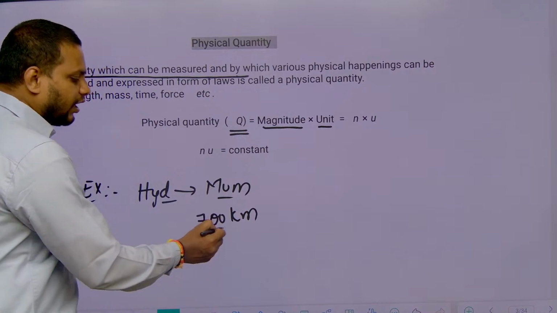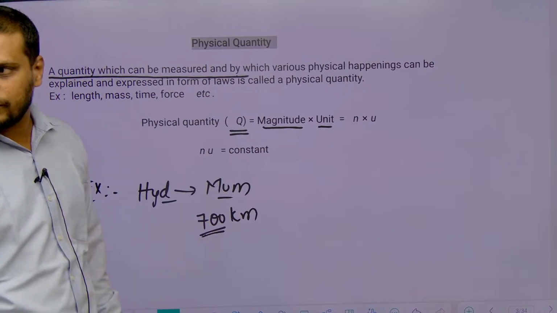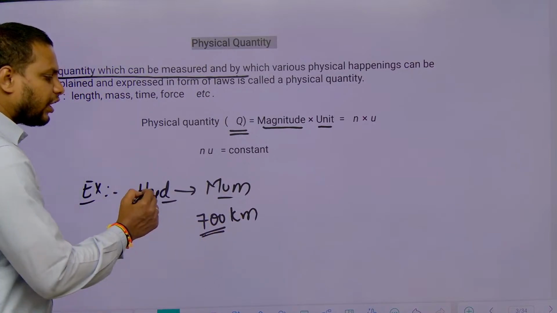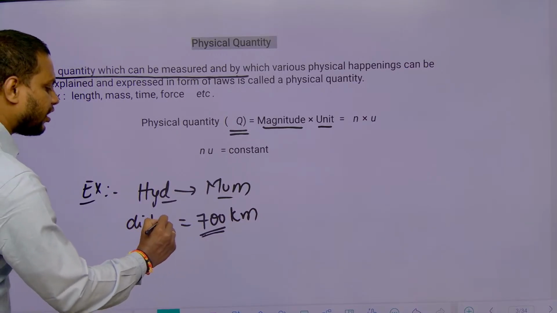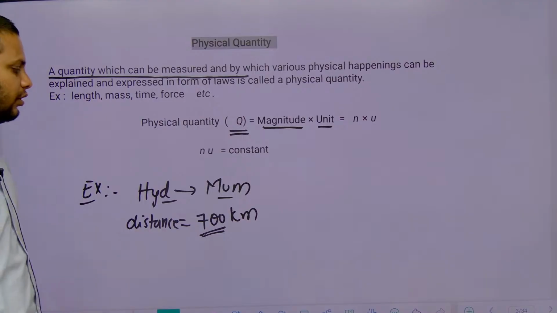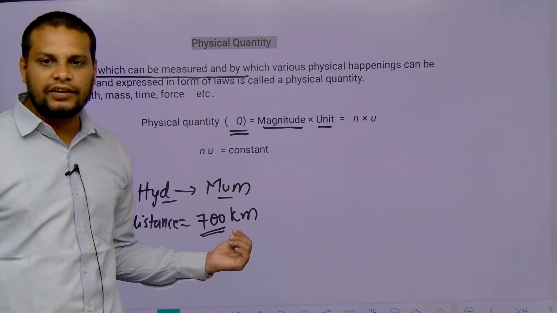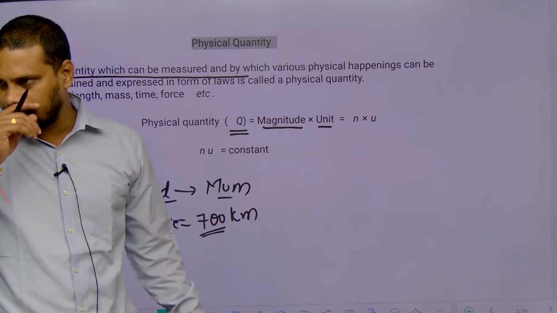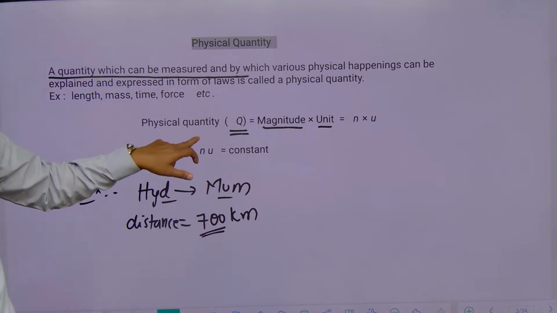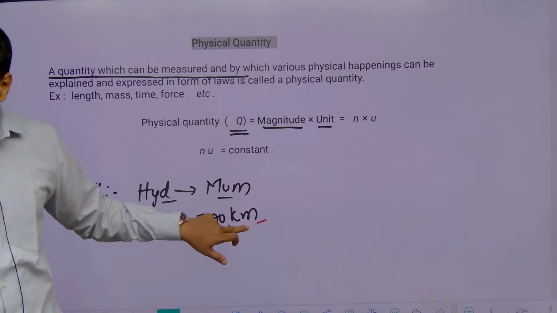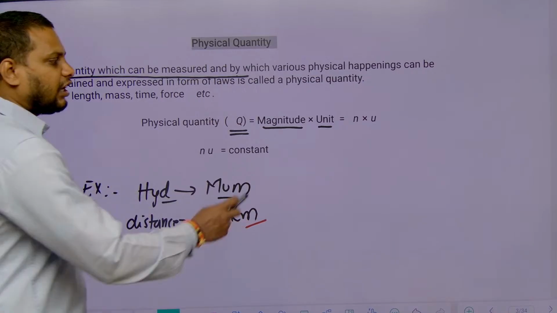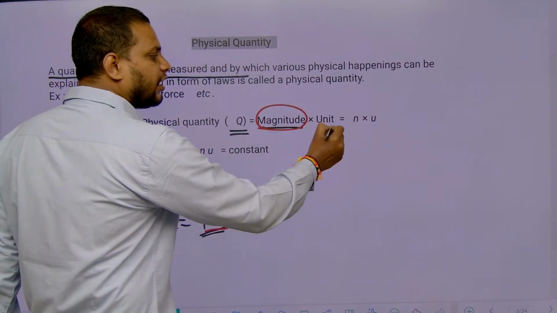Here 700 is the number and kilometer is the unit. So any physical quantity can be expressed as number multiplied by unit. That number is also called the magnitude, and here we have the unit.